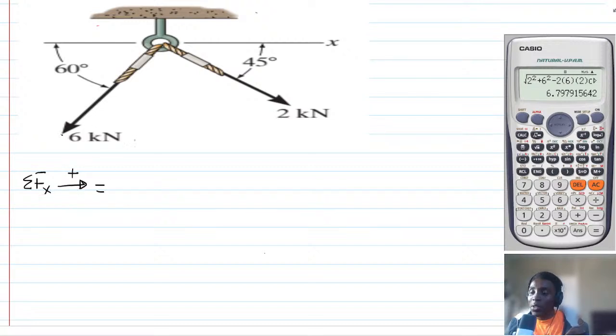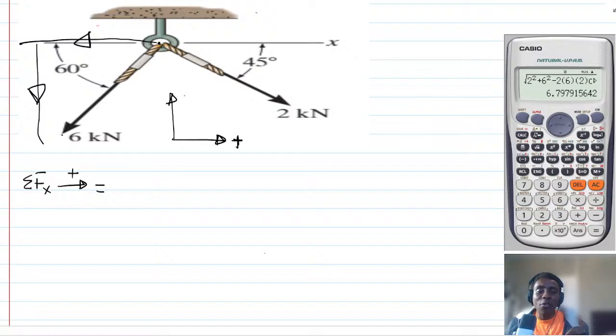If you resolve the 6 kilonewton, it will get a component along the x and then along the y. So that along the x is going to be negative. First of all, every force going here is positive, and every force going up is also positive. So we have minus 6 cosine 60, because the 6 is making an angle of 60 with the horizontal and it's going to the negative direction.